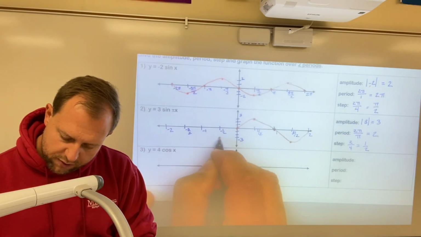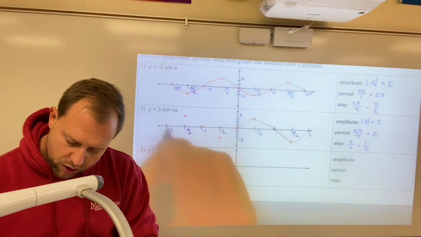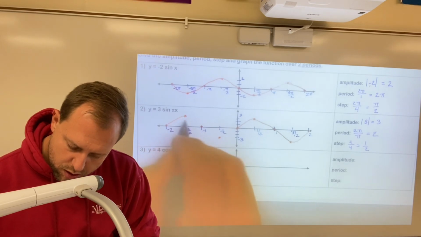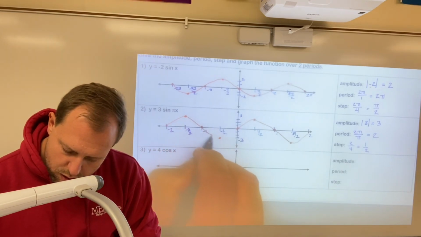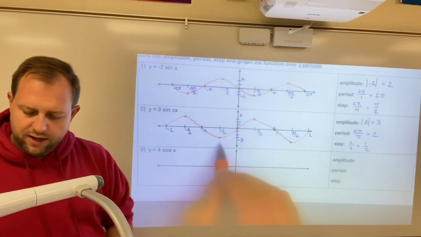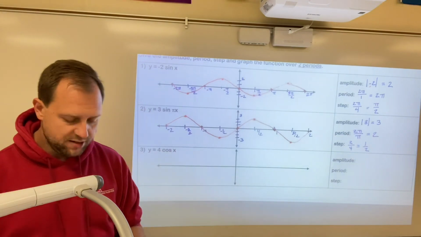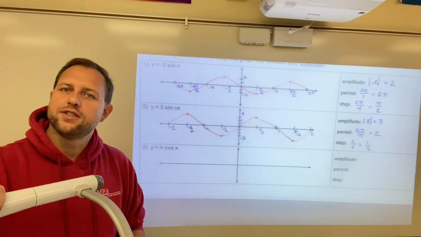Down to -3, back to 0, up to +3, and back to 0. Try to make them as curvy as possible. Try not to make them points. They're not points, right? They're waves.